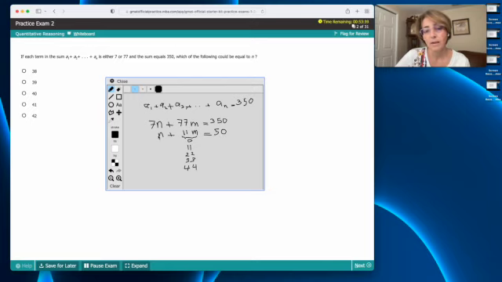For the n's now, n could be anything, so I can start with 0 and keep going up. If this is 11, what should this n be? Well, 50 minus 11 is going to be 39.